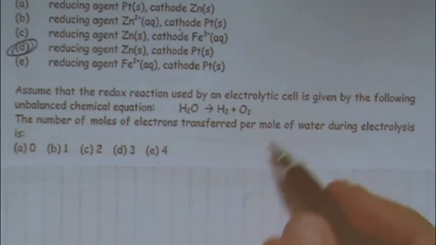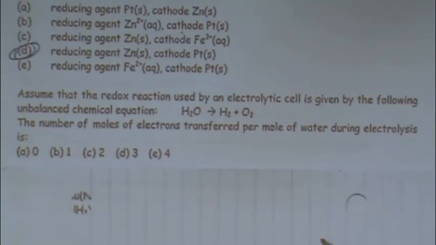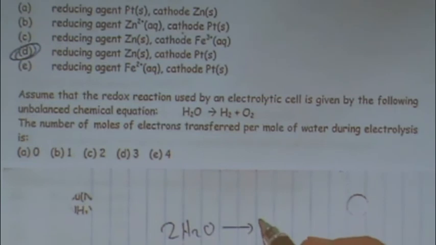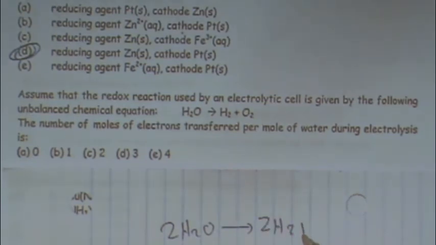Okay, so you balance that equation. Very easy to balance it, as you can see. It's going to be 2 here, and you have 2H2 and O2. You agree with that? Now, we're going to talk about oxidation numbers here, but really, you can imagine them to be electrons, which is, in this case, true, because you have an electrochemical operation. You can write the half reactions if you want, but that's a waste of time.